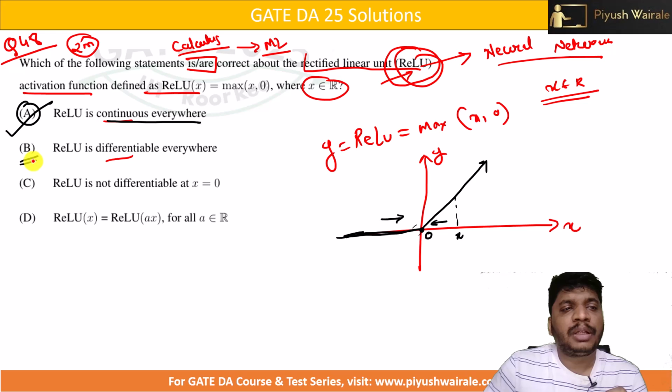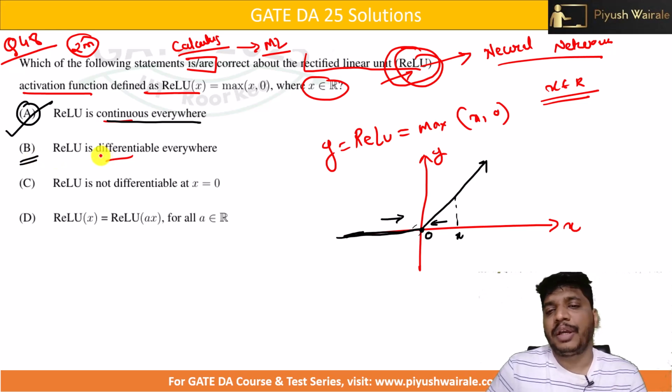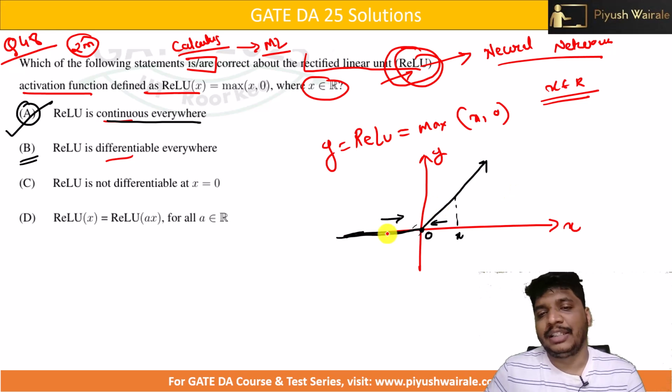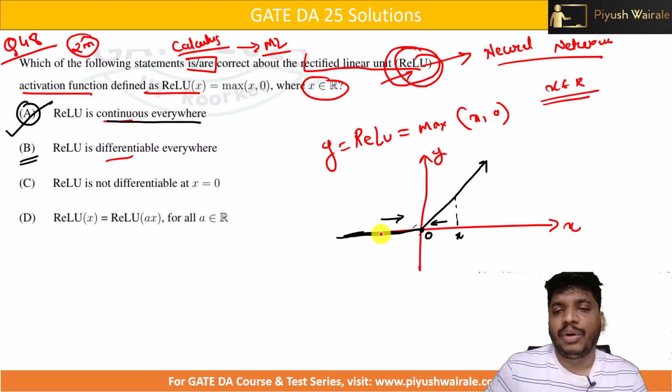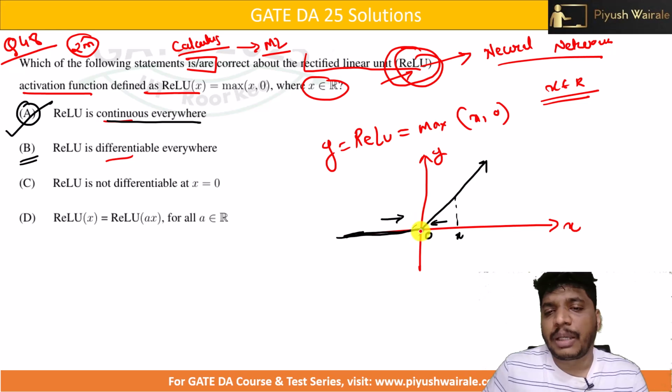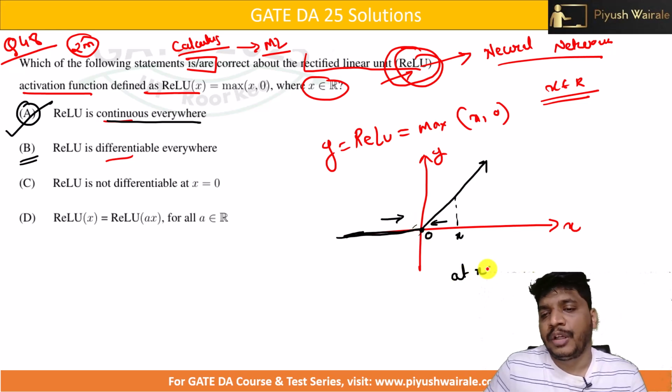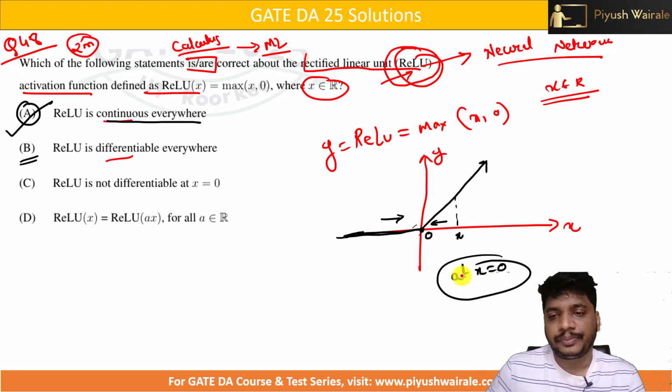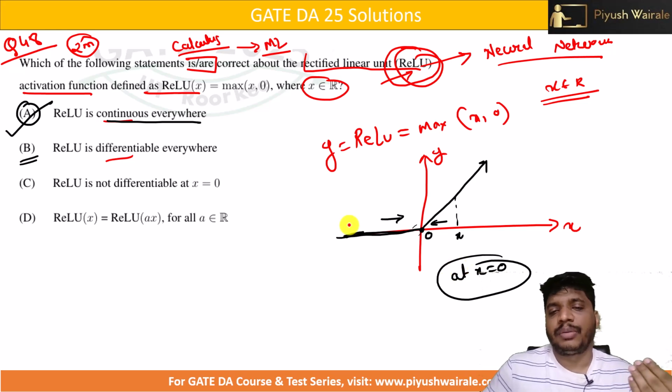What about option B? Is it differentiable everywhere? We can see it is differentiable on the positive x-axis and the negative x-axis as well. But what about at x equals 0? If I go from the left side, the derivative will be 0.